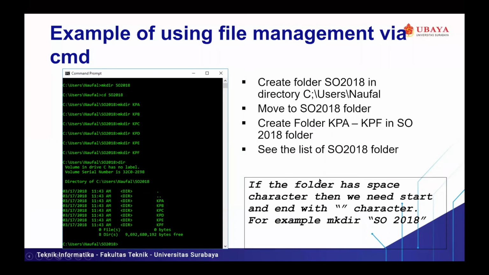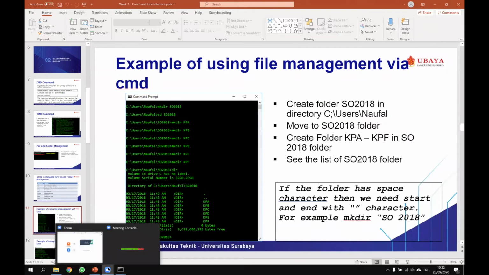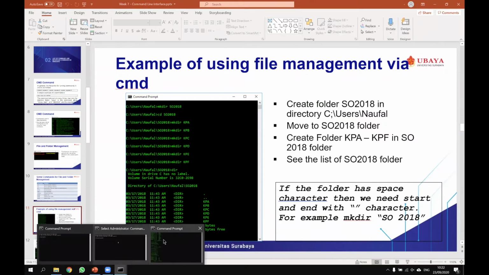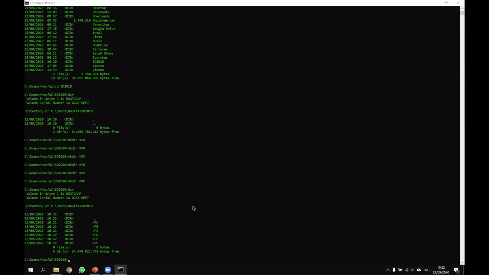What happens if we want to create a folder with a space character in its name? If we want to put a space character inside the folder name, you can use quotation marks: SO space 2018. For example, I want to create another directory inside my current user directory.